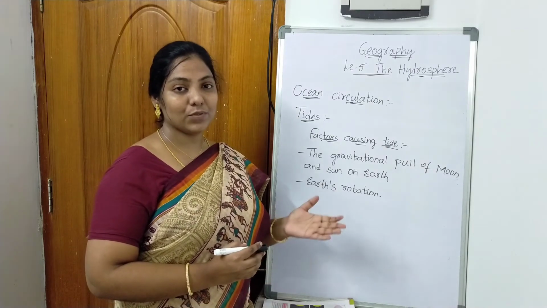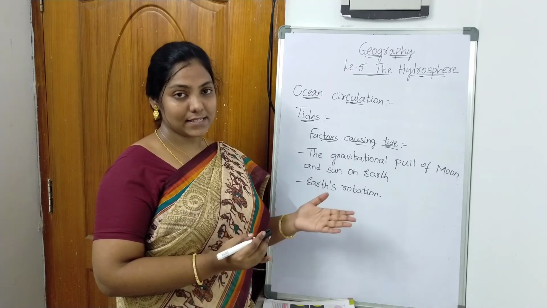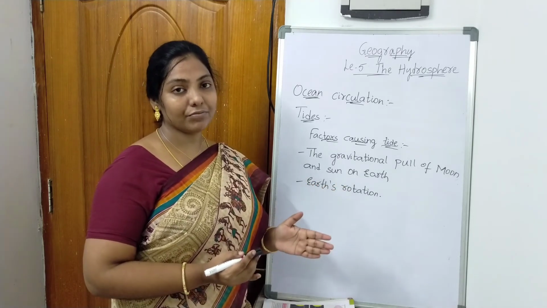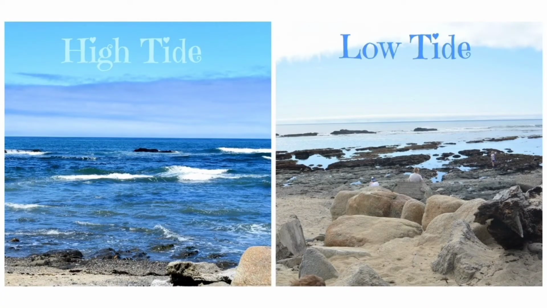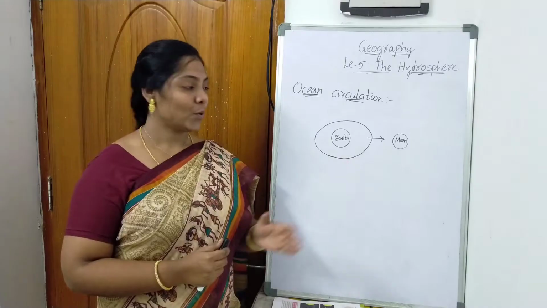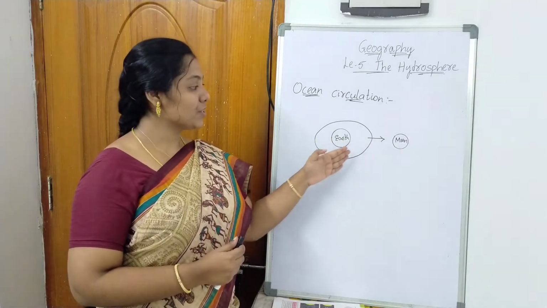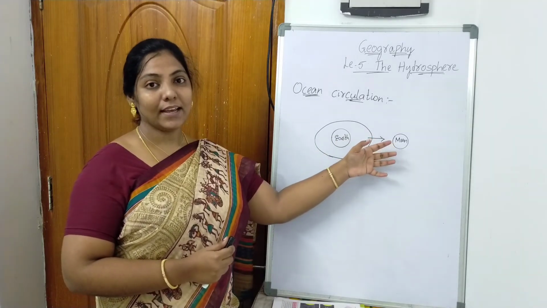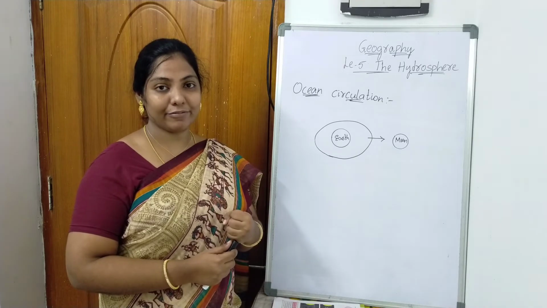And as we know the moon is much closer to the earth than the sun. So the moon is having a greater effect on earth. When the earth is facing the moon, the gravitational pull of the moon is grabbing all the ocean water towards itself.